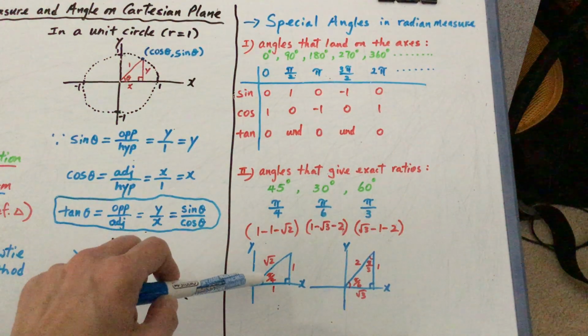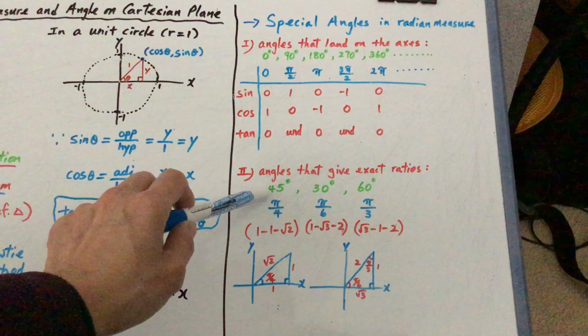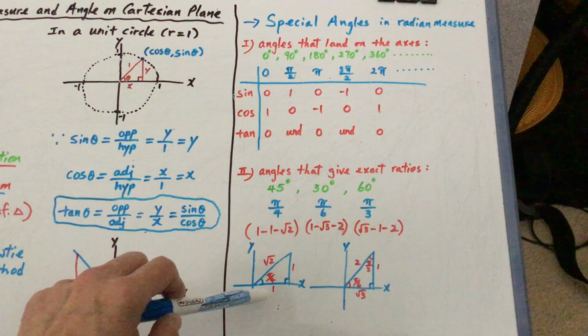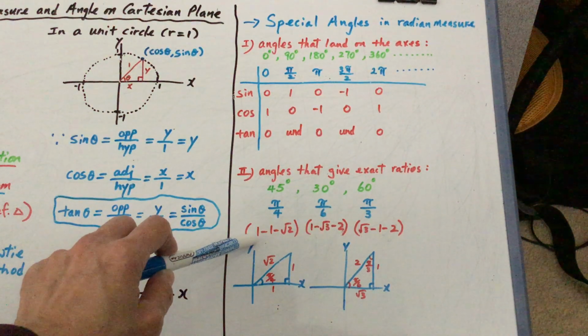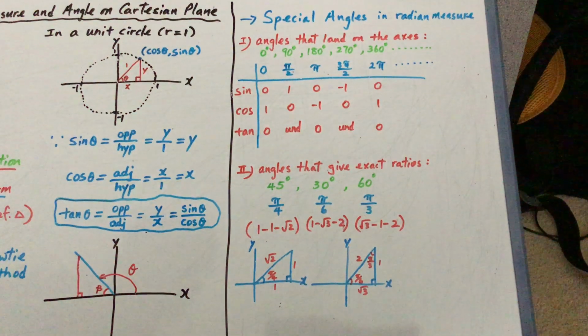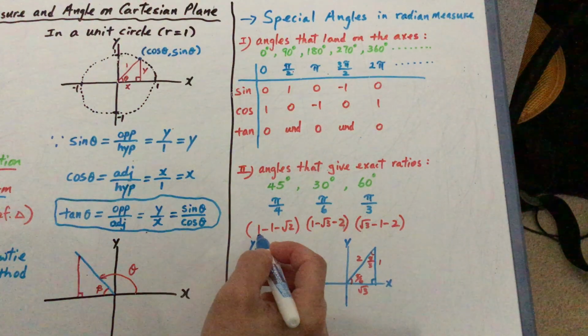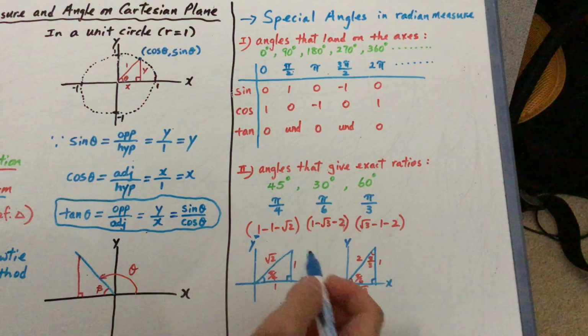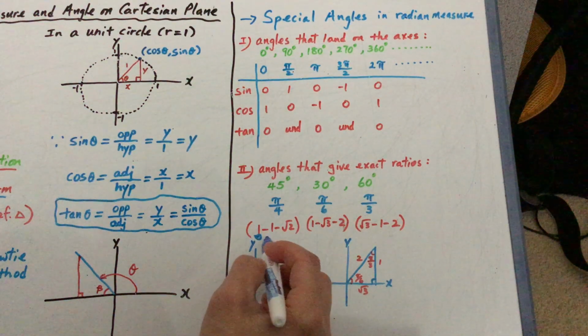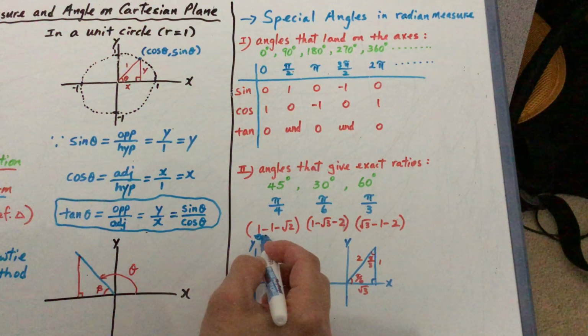So that's why I want you to remember that for a 45 degree angle, you get a special ratio of 1, 1, root 2. The first number always represents the opposite side. Let me just say, this is the opposite, okay?